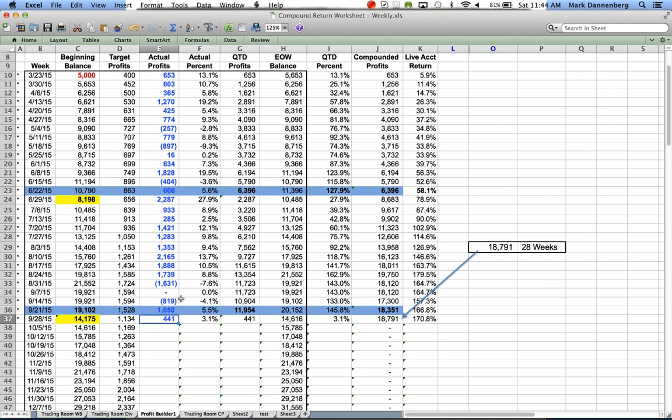So although we don't track every single position and win-loss ratio, you can see every day exactly what's going on in our account. We're trading a live account for you to view and watch and track our performance.